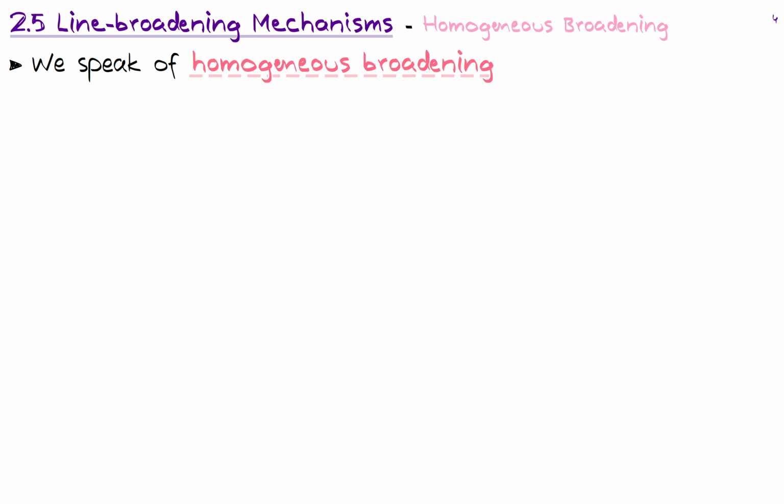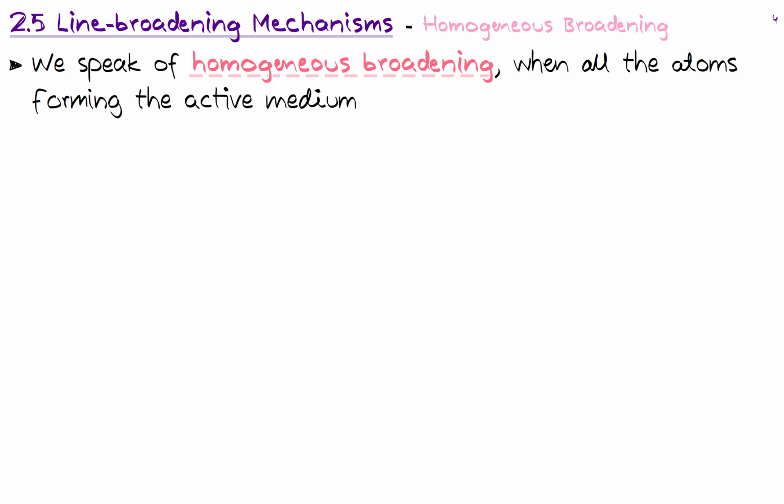We speak of homogeneous broadening when all the atoms forming the active medium, the emitters, which need not be atoms and could be something else, contribute identically to the process of absorption and subsequently stimulated emission.